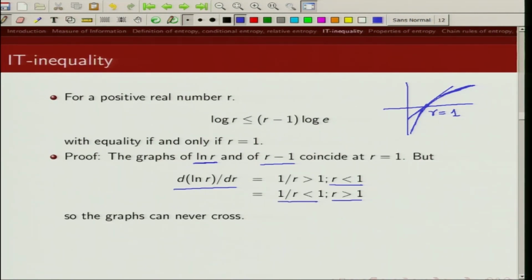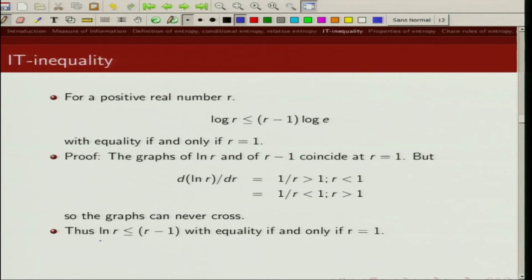So clearly these two graphs will not intersect each other again, and as I said, natural log of r is below r minus 1. So this condition holds with equality only if r is equal to 1.